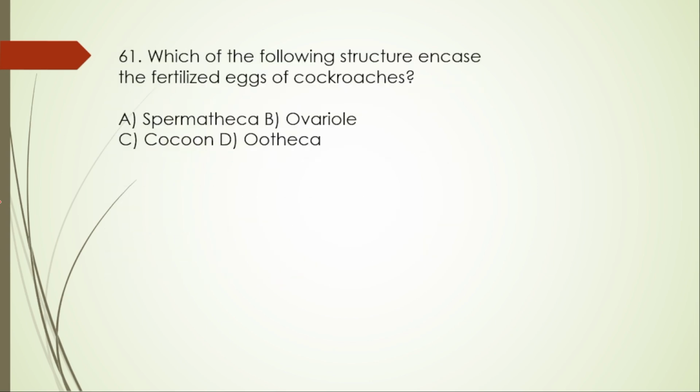Next question, that is question number 61. Which of the following structures encases the fertilized eggs of the cockroach? A, spermatheca. B, ovariole. C, cocoons. D, ootheca. Here the right option is ootheca.